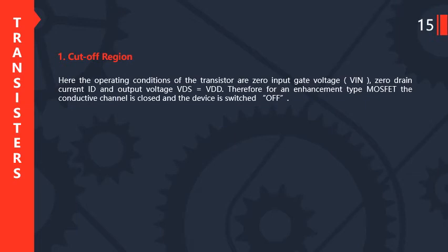Here, the operating conditions of the transistor are zero input gate value, zero drain current ID, and the output voltage VDS is equal to VDD. Therefore, for an enhancement mode MOSFET, the conductive channel is closed and the device is switched off.